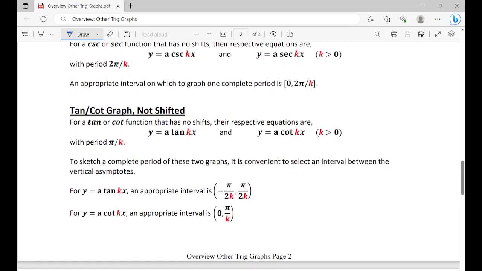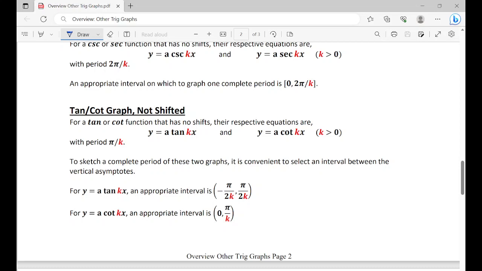Now, for tangent and cotangent, again not being shifted, for a tangent or cotangent function that has no shifts, their respective equations are y equals a tangent kx and y equals a cotangent kx. Again, k is positive, and they have a period every pi over k. Now, to sketch a complete period of these two graphs, it's convenient to select an interval between the vertical asymptotes.